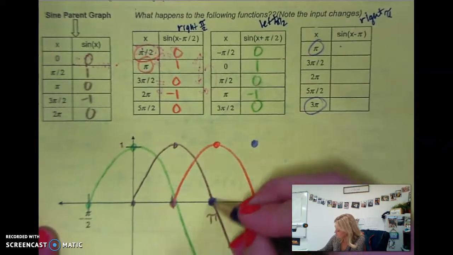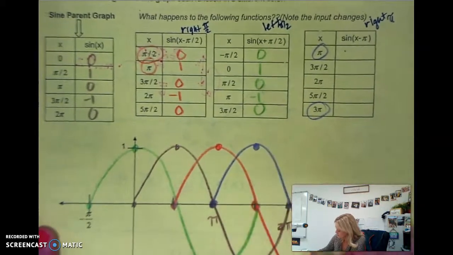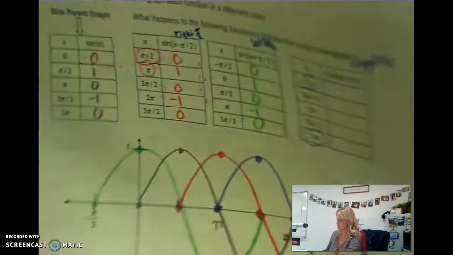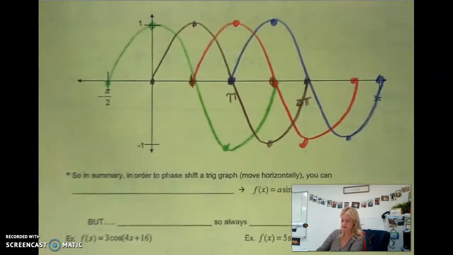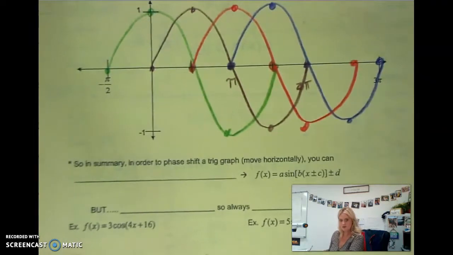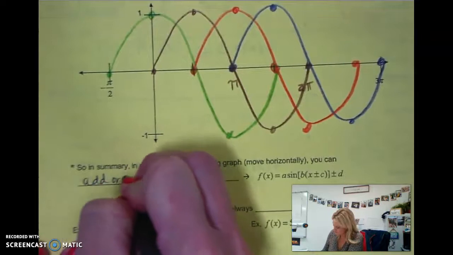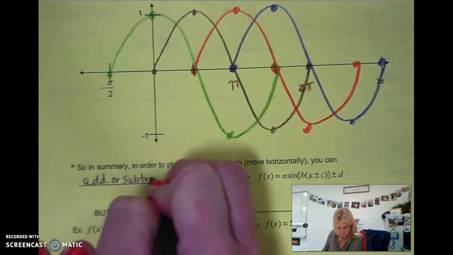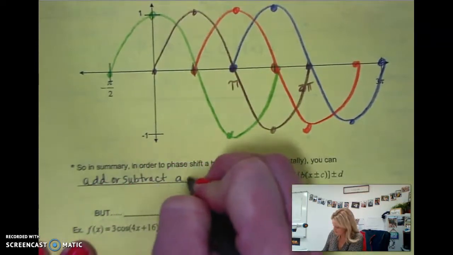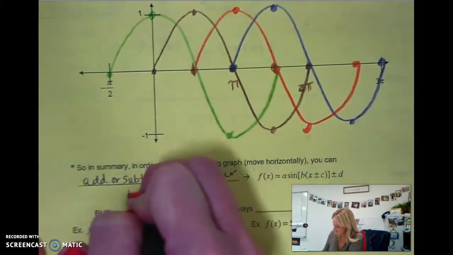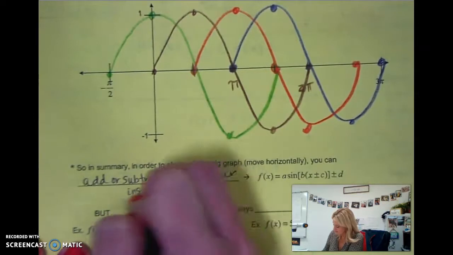So a phase shift is just shifting it left or right, but it's opposite of what you think. So in summary, we are going to add or subtract a number. But where is that? Inside the function.